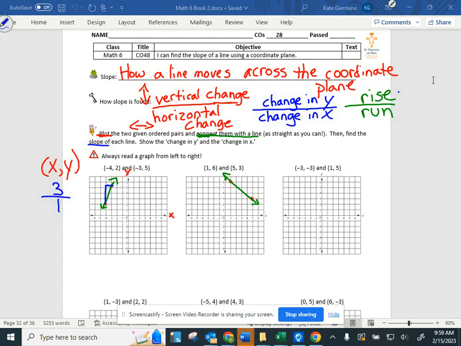So now I'm going to look at my slope, that rise over the run. And this time, we always read the graph from left to right, like you're reading a sentence. So we're going to start at this plot, but this time, instead of rising up, our balloon is sinking down.